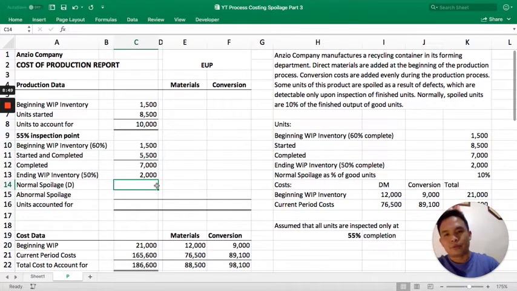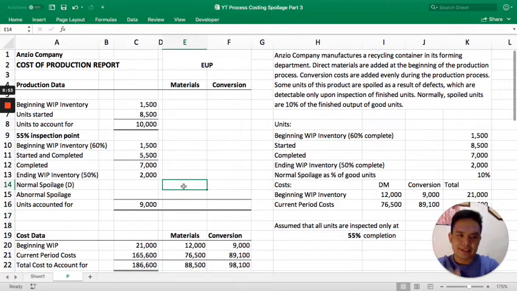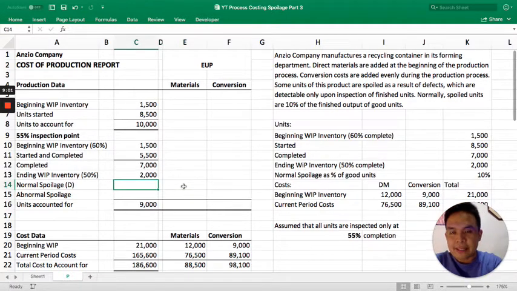Okay. So, if you add it again, it's just 9,000. Normal spoilage is again expressed as 10% of the units that pass the inspection point. If you move the inspection point, then the number of units that pass the inspection point, magbabago din. So, what if the inspection point is at 55%?